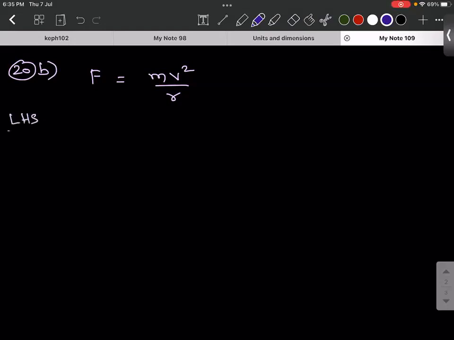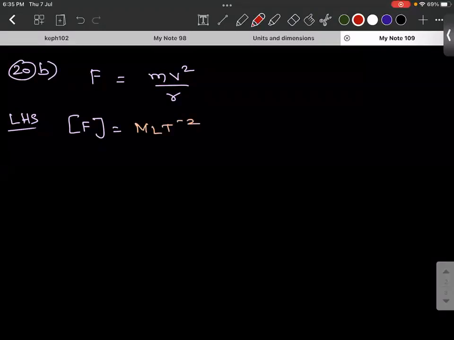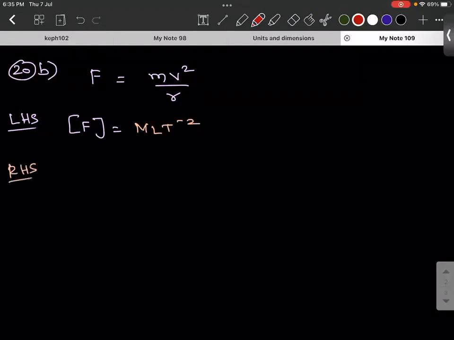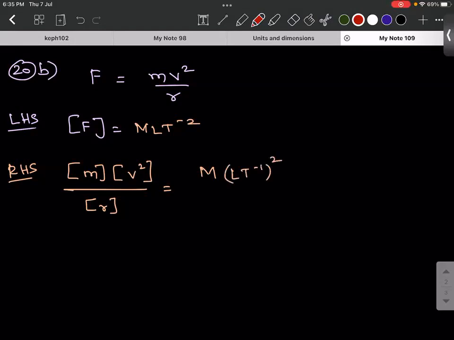Shall we do and see? If I take LHS, what is the dimensional formula of F? MLT minus 2. By now I hope it is registered. If I take RHS, the dimensional formula of m into the dimensional formula of v square divided by the dimensional formula of r. The dimensional formula of m is M, of v is LT minus 1 square, divided by the dimensional formula of r, which is L. So you will get M L square T minus 2 divided by L. This L and L will get cancelled.